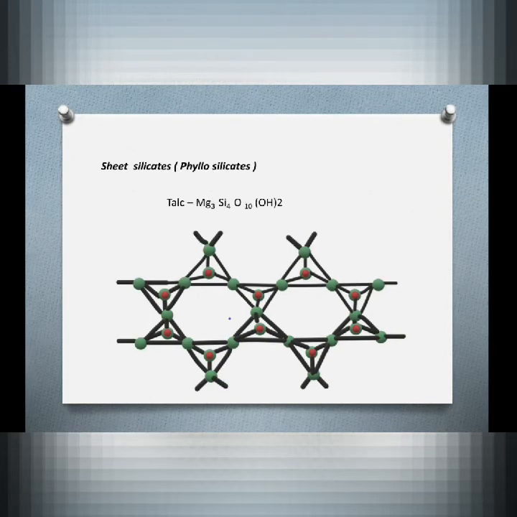Now in the case of sheet silicate structure, in all types of tetrahedral unit 3 oxygen atoms are shared, and the chain is infinite in this way, also in this way, and also in this way.